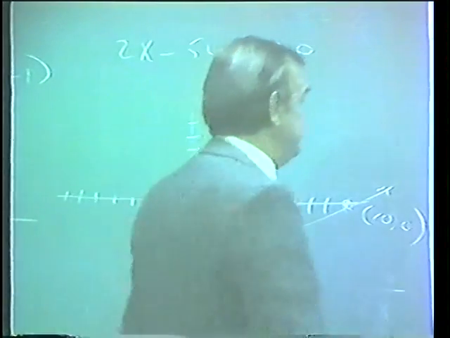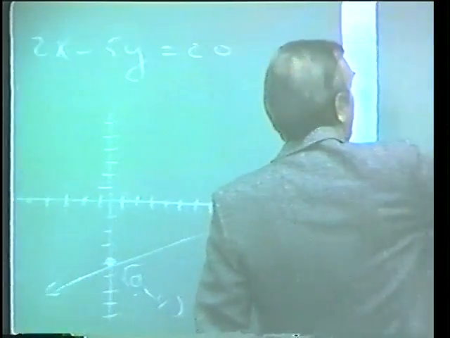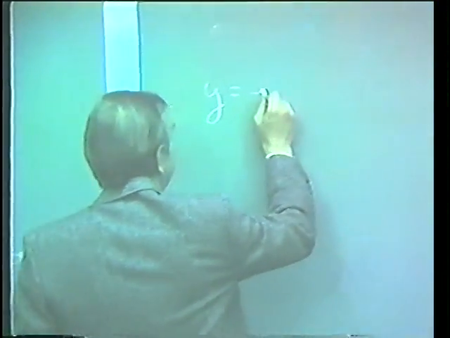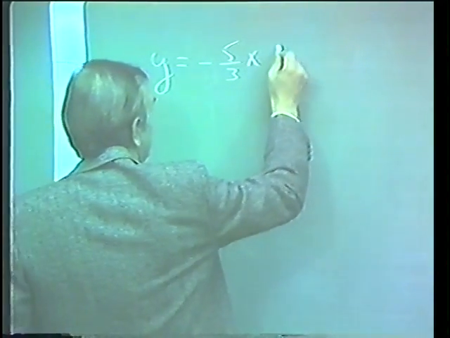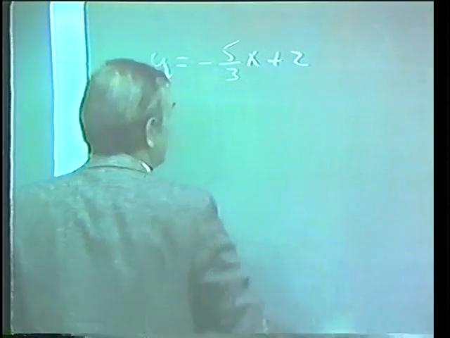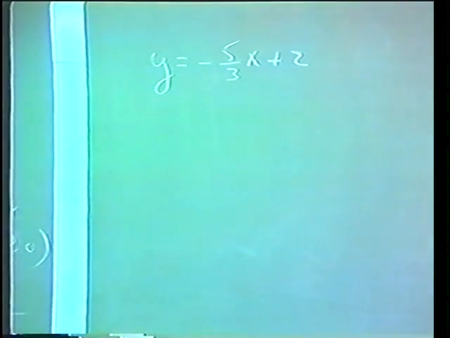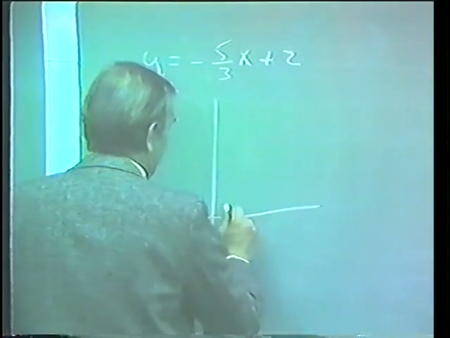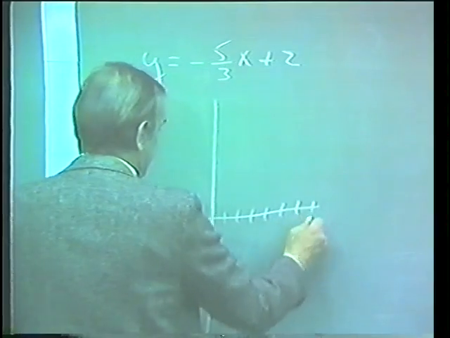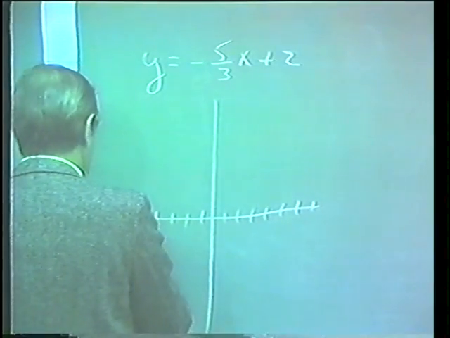The third method is when the equation is solved for y. When it is solved for y, we use what's called the slope-intercept method. Now next semester this will be called the functional method.